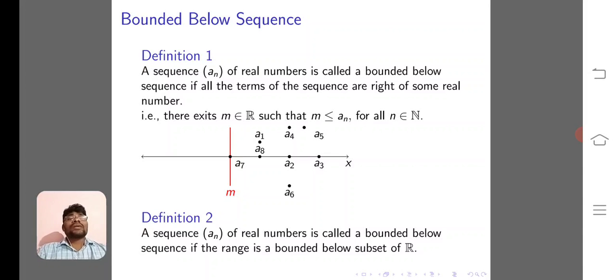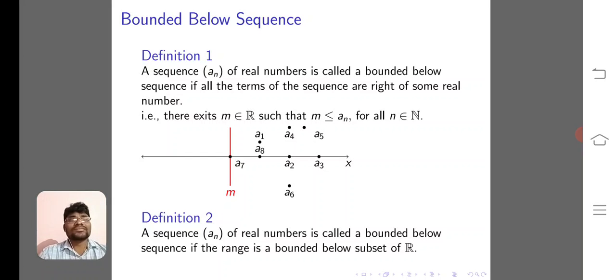Now come to the question, what is a bounded below sequence? A sequence (a_n) of real numbers is called a bounded below sequence if all the terms of the sequence are to the right of some real number.